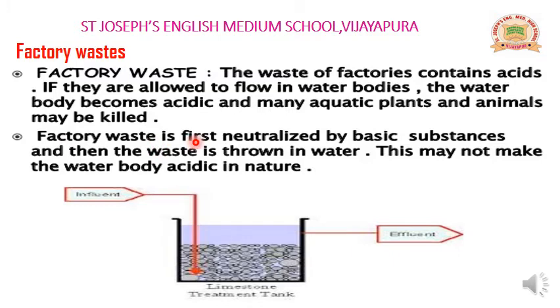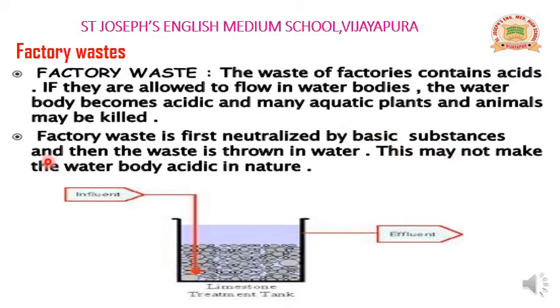Factory waste is first neutralized by basic substances and then the waste is thrown into water. First it is neutralized by adding a base. Already we know that if acid and base combine together, it becomes neutral. Then if it is neutral, it is not harmful for any plants and animals.